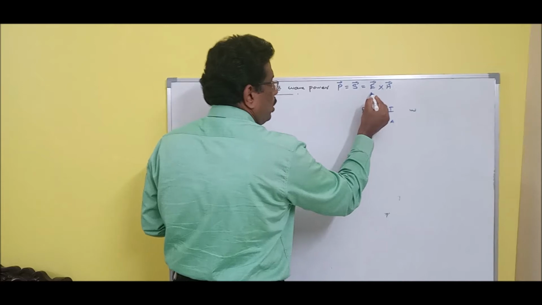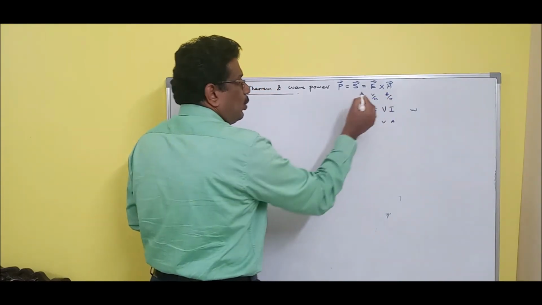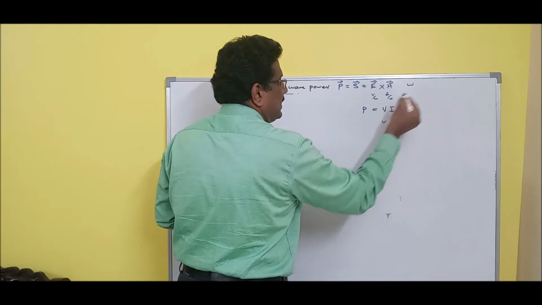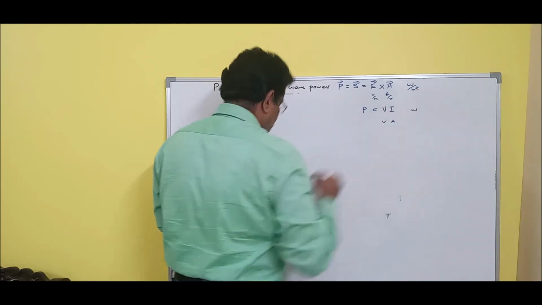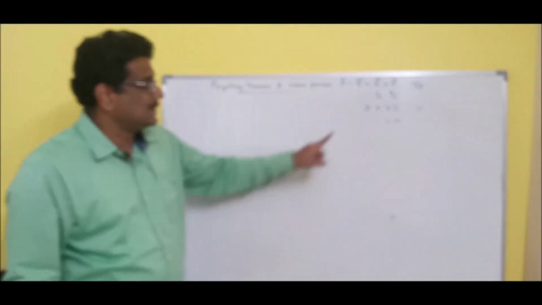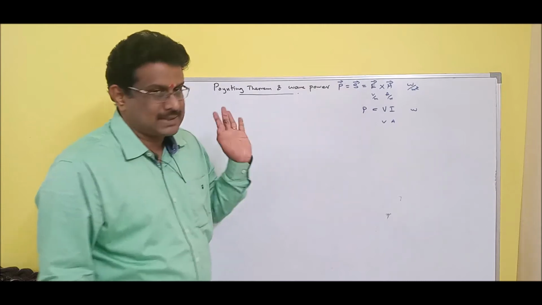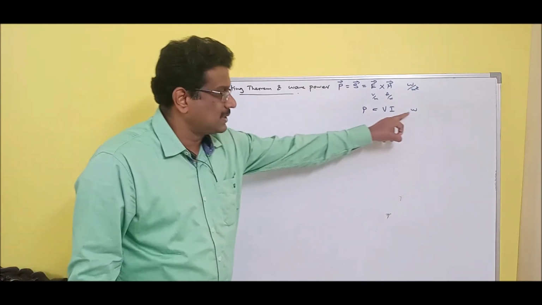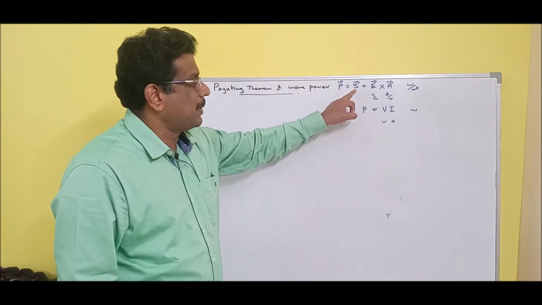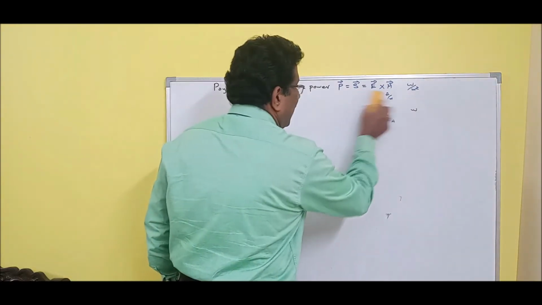And you should know volt per meter is the unit, ampere per meter is the unit, volt into ampere will give you watts, denominator will result in the meter square. So the power in a metal is P, the power in the free space is nothing but S. This power is watts, which is a scalar, this power is a vector, which is watts per meter square. Keep this in a mind.